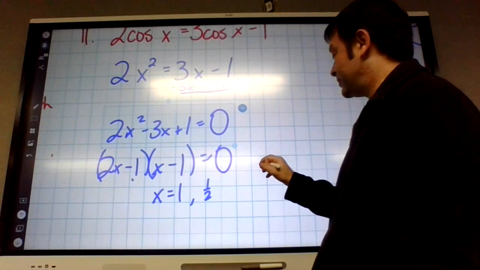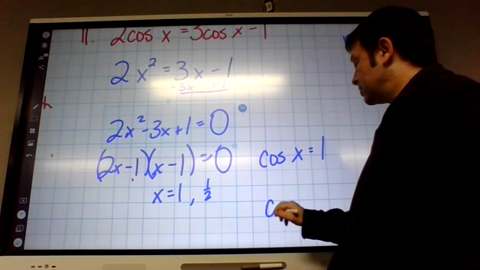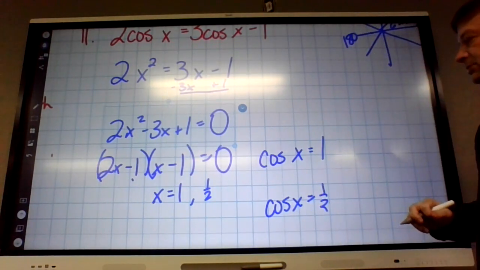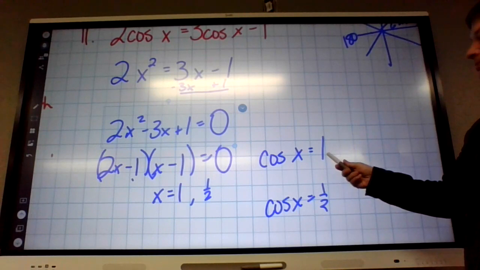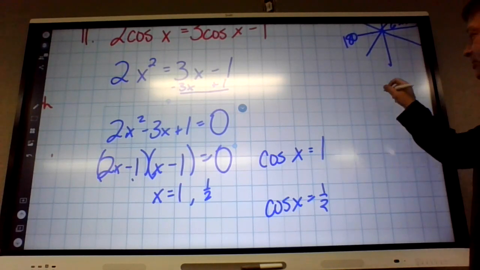I just got rid of it for a second. So cosine of x equals 1, or cosine of x is equal to 1/2. This is one of the rare ones. Cosine of x only equals 1 at one spot. There's not going to be 2 answers for that one.